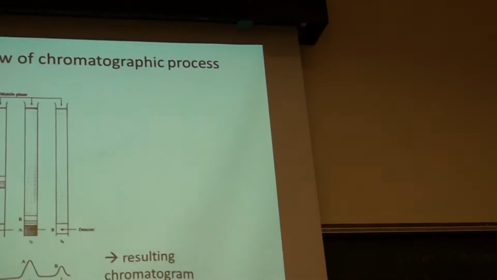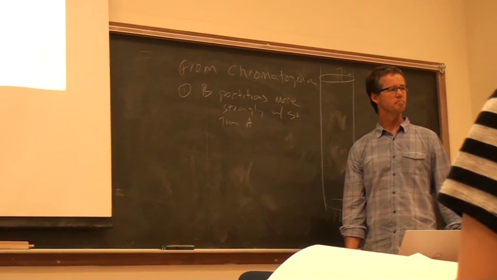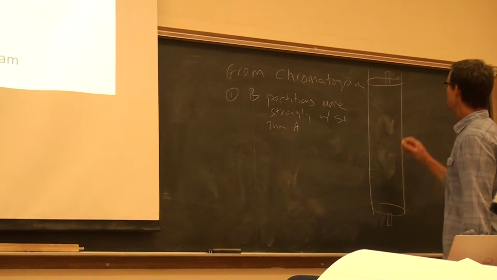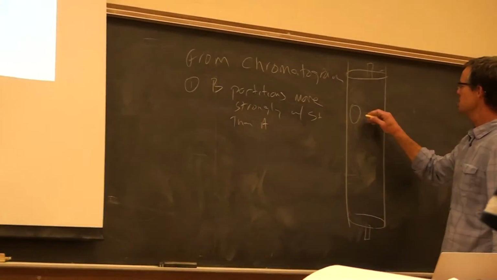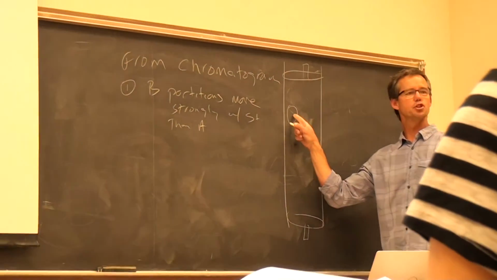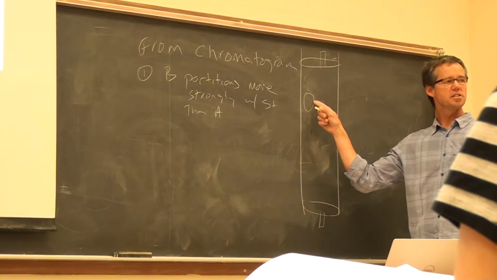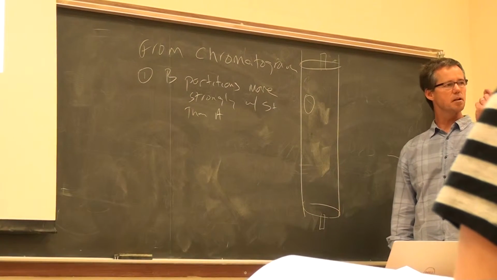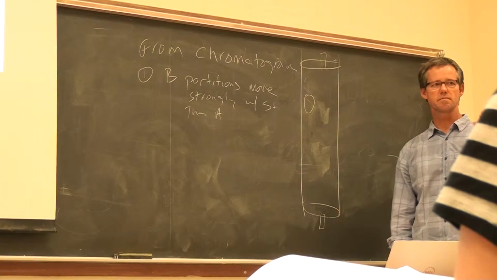When you say it partitions more strongly, I thought partition meant like split. Do I misunderstand? And we're going to get into this. So in this case, and I'll talk about this in a minute, this is a blown up version of what a solid stationary phase might look like in this column. In many cases, the stationary phase are tiny little beads, microscopic beads, latex beads or different constructions of different materials.